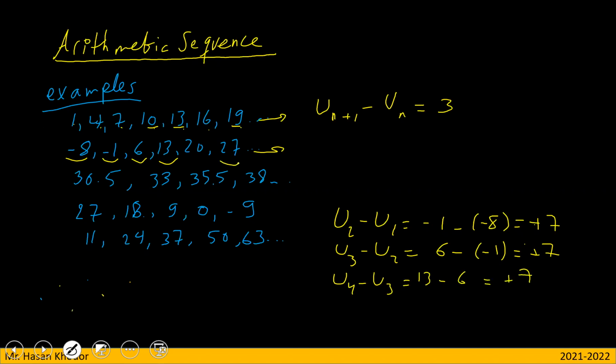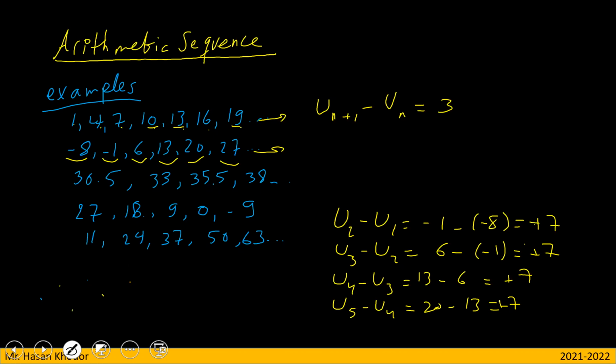If we subtract u5 minus u4, which is 20 minus 13, we will get plus 7. So every time we are going to get what? A fixed difference, which is plus 7, right?